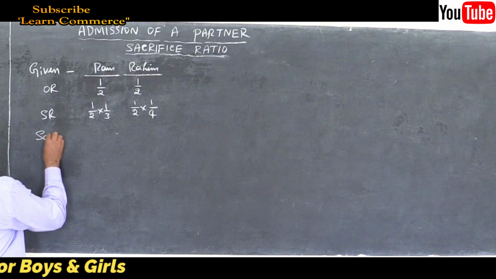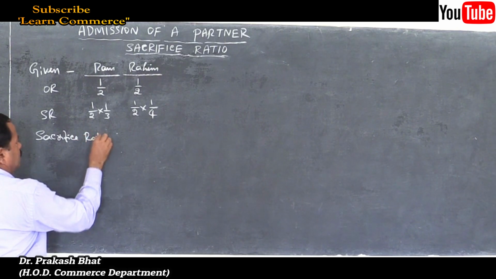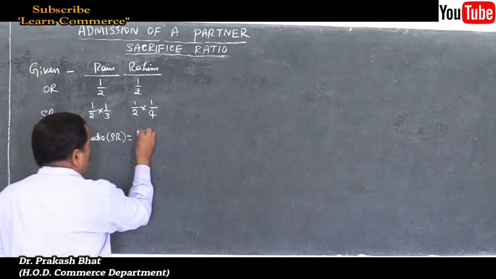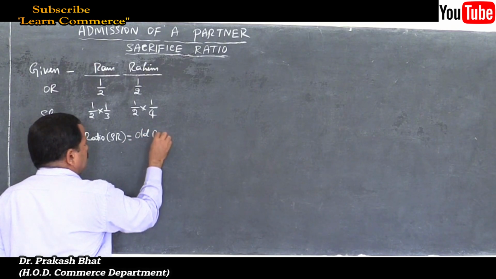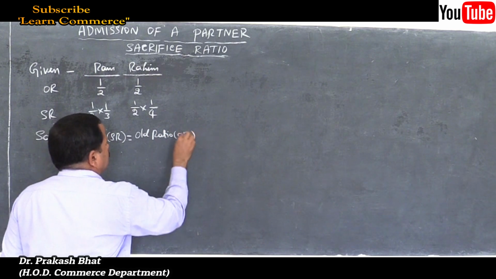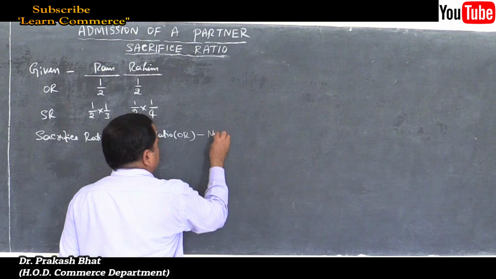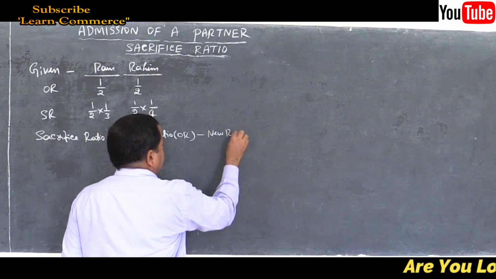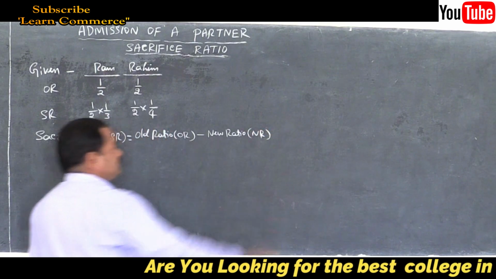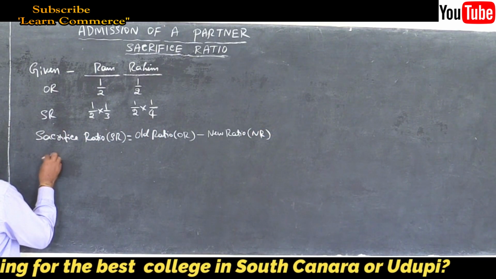Sacrifice ratio, that is SR is equal to old ratio, that is OR, minus new ratio, that is NR.